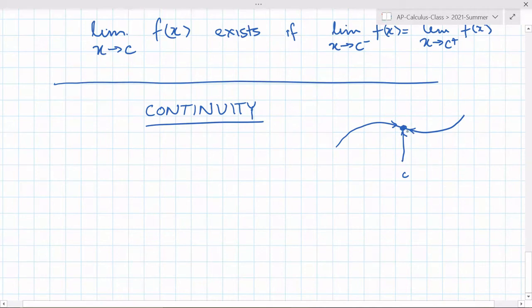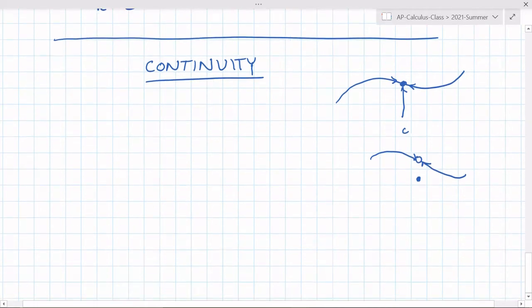Because if this value does not exist or is a different value, say the value is here, then it's broken, correct? Or if you approach different spots, then again it is broken. Or you don't approach anything finite, then again it will be broken. Continuous means it's not broken.